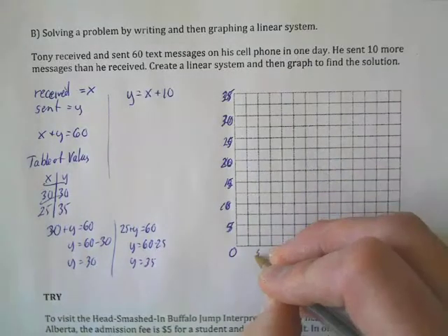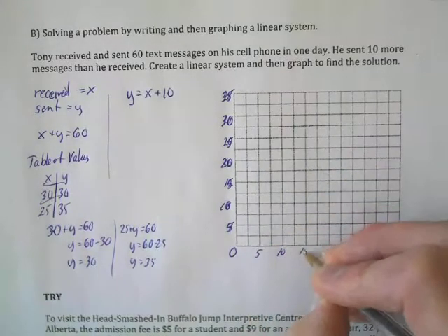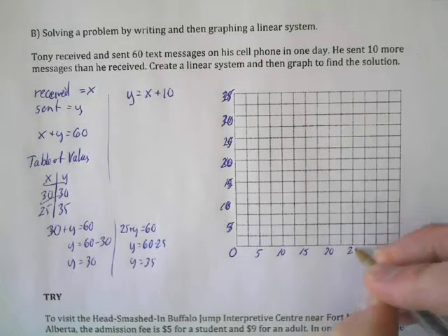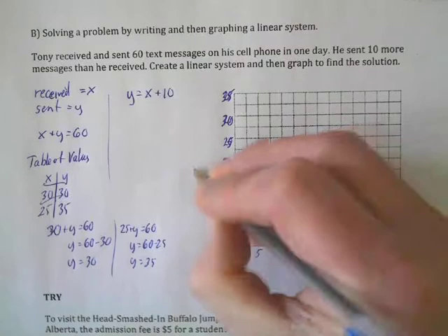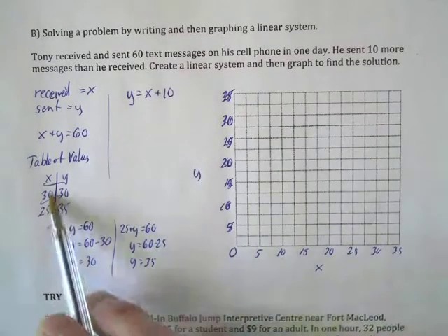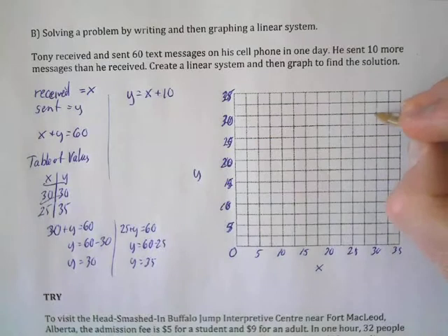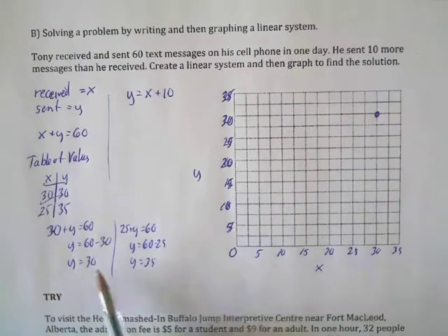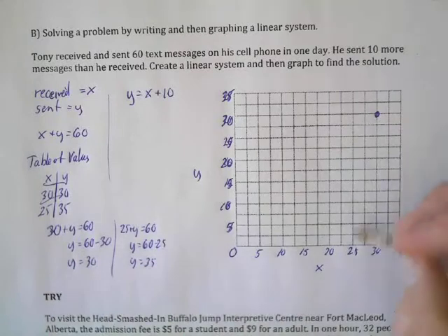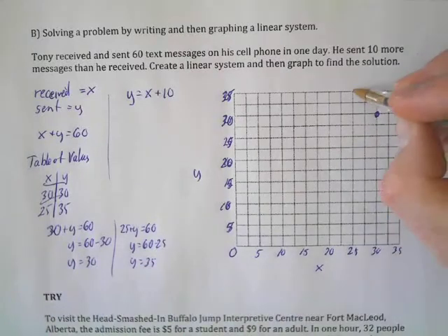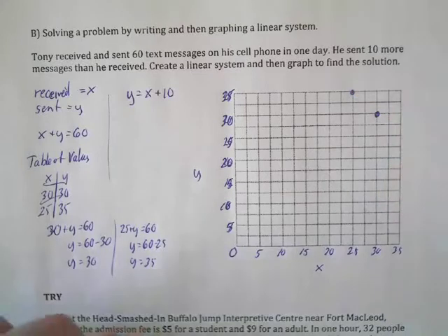Here the same, 5, 10, 15, 20, 25, 30, 35. This is my x, and that's my y. So x is 30, y is 30, so there's 30 and 30. And x is 25, y is 35, so 25 and 35. Right there. Draw a line.